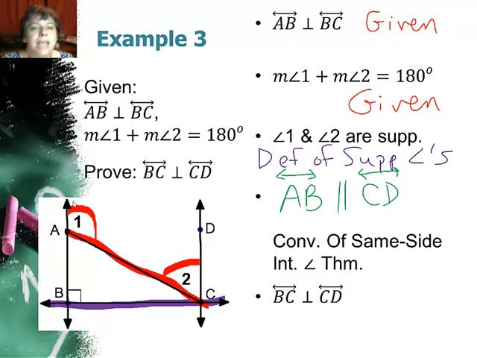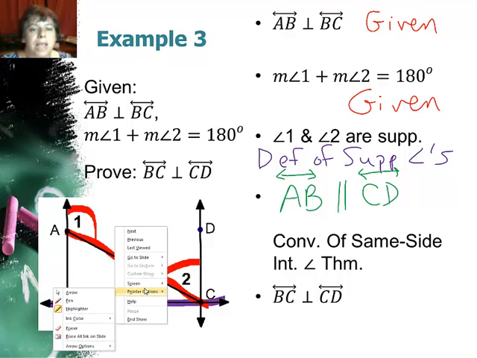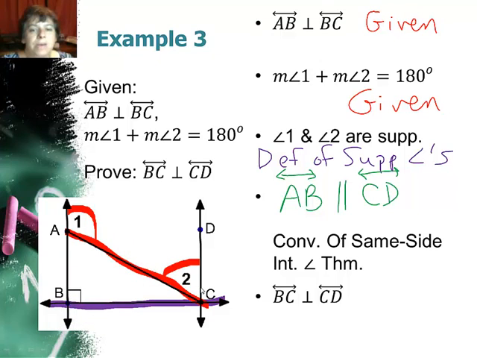So I can say then that AB is parallel to CD by this converse of the same side interior angle theorem. Well, if I know AB is parallel to CD, then that means that this angle here, let me go ahead with a different ink color, this angle has to be 90 degrees by the perpendicular transversal theorem.